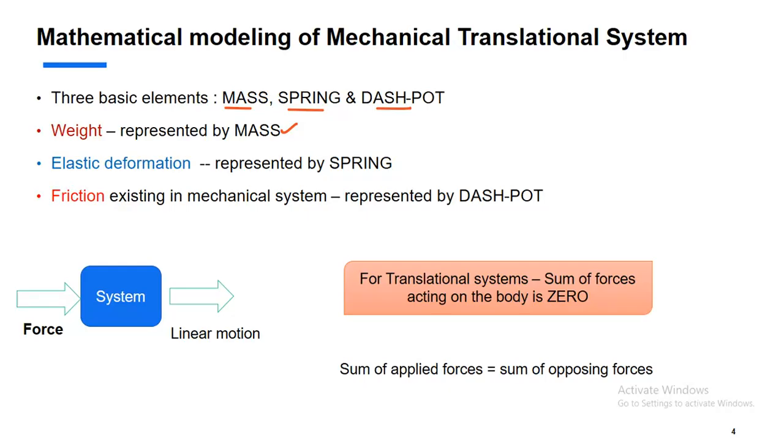The elastic deformation of the system is represented by a spring. In a mechanical system we have friction, which is represented by a dashpot. You see, this is a mechanical translational system. You are applying a force. Because of that, the system will move in a linear fashion. And for the mechanical system, the sum of forces existing on this particular body is zero, or I can say the sum of applied forces is equal to the sum of opposing forces.